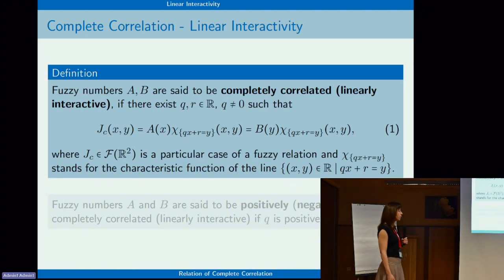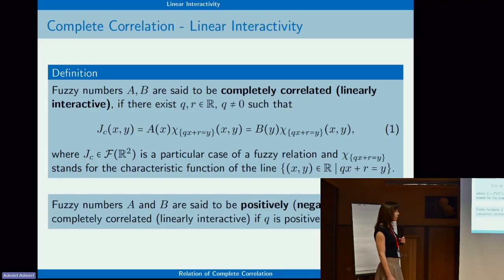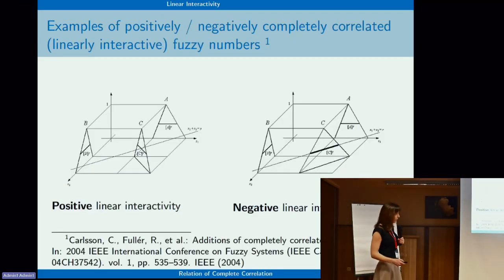These parameters also determine if this correlation between fuzzy numbers is positive or negative. It depends on the parameter q. If q is positive, then they are positively correlated. If q is negative, they are negatively correlated.